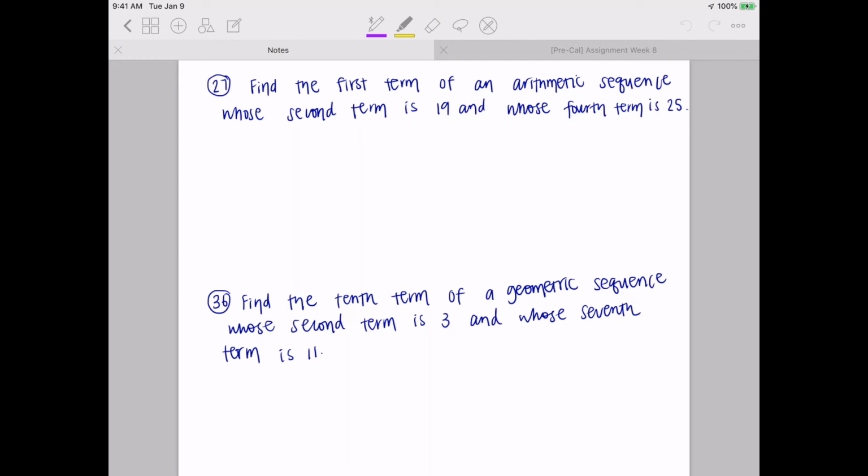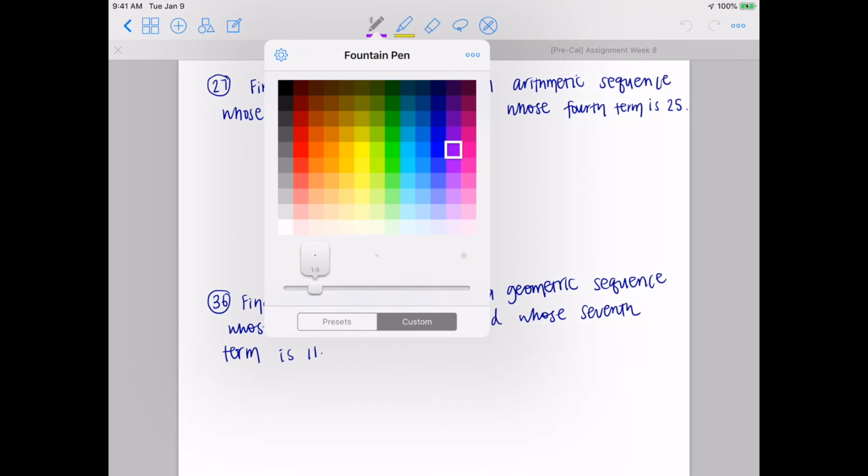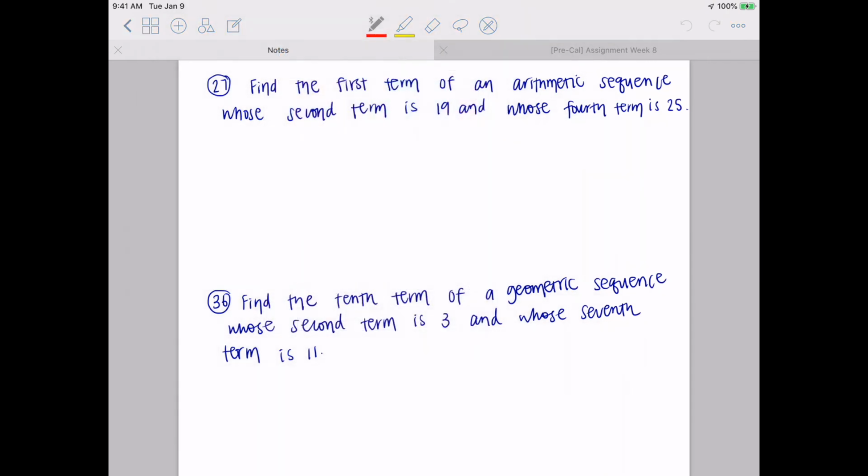Two word problems, and one of them is an odd number, but it's really similar to one of your homework questions. Okay, it says find the first term of the arithmetic sequence whose second term is 19 and whose fourth term is 25. So I know a sub 2 is 19, a sub 4 is 25.